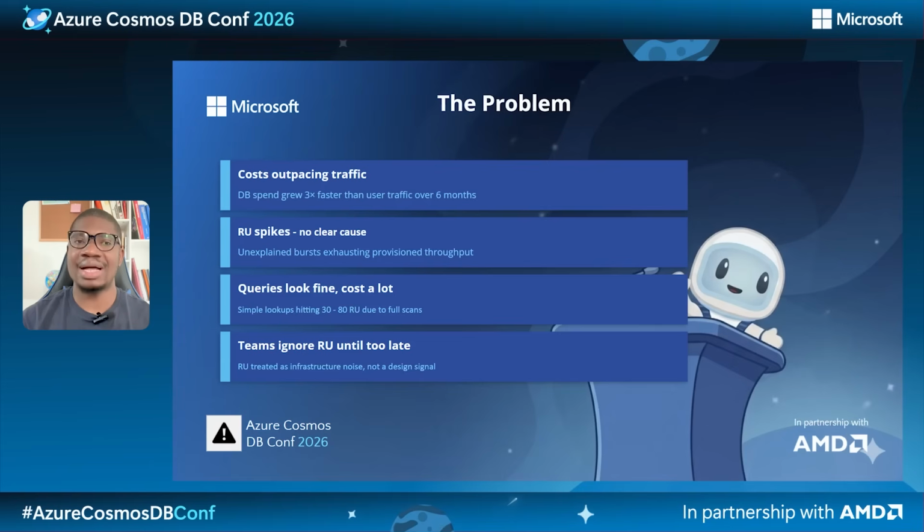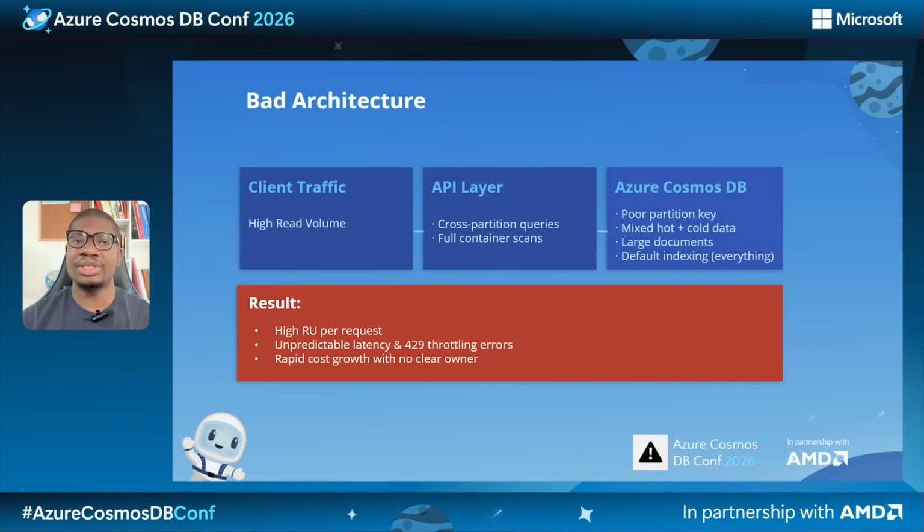So let's look at why this happened structurally. Let's use this as an example of a badly set up Azure Cosmos system in production. We have high traffic landing pages, and the API sends broad queries into Azure Cosmos DB, but every request is a cross partition query, sometimes effectively a full Azure Cosmos container scan.